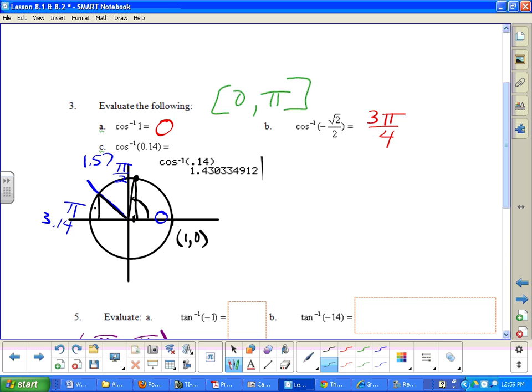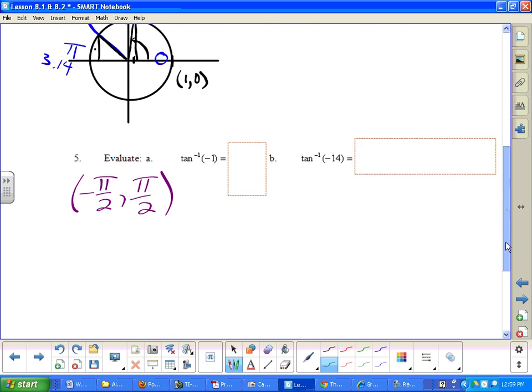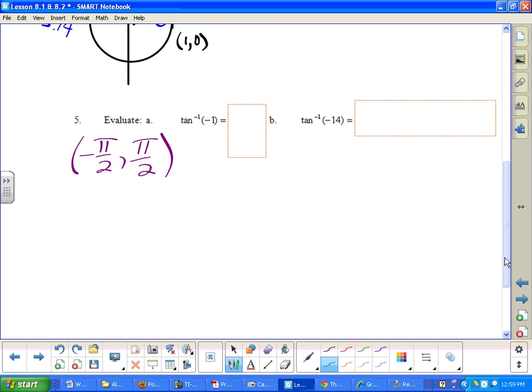Okay, let's look at tangent. Number 5. Okay, tangent, my answers have to be between negative pi over 2 and pi over 2. So if it's negative, we're talking about the fourth quadrant. If it's positive, we're talking about the first quadrant. Okay, inverse tangent, negative 1.